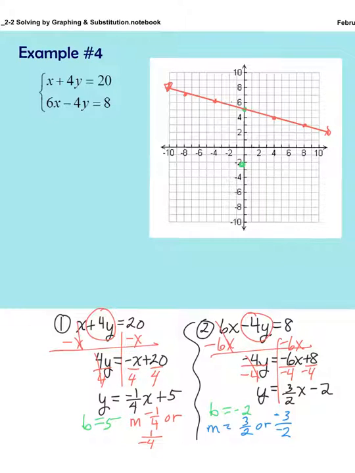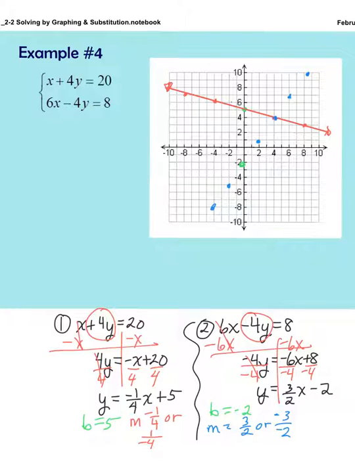And then I'm going to go up 3 to the right 2. Up 3 to the right 2. And they don't always intersect in a nice happy place. And I'm going down 3 to the left 2.